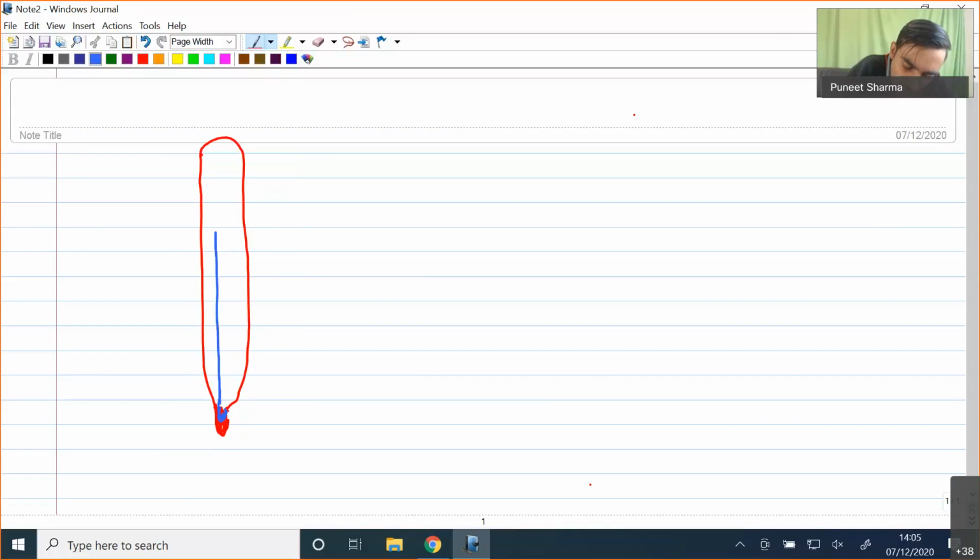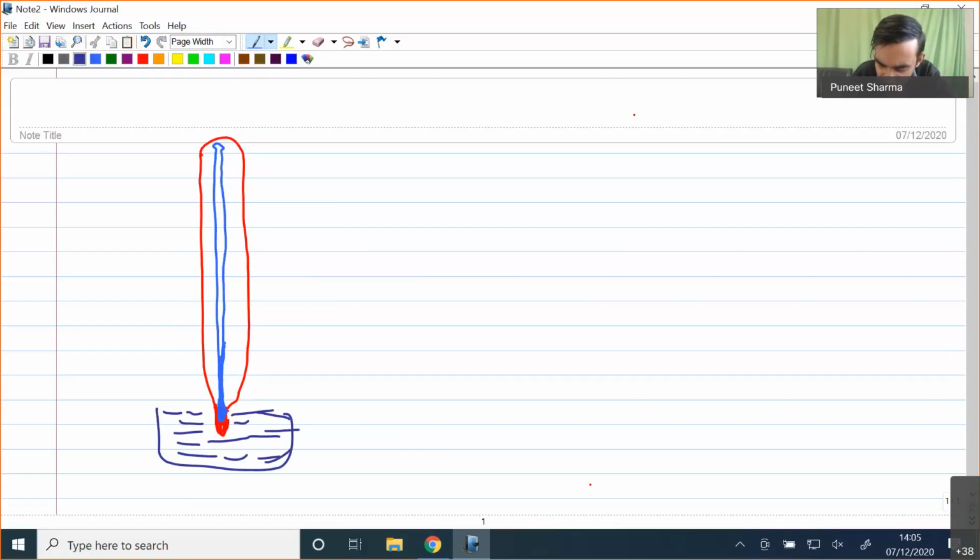That tube is nothing but our capillary. We take a certain mercury level, mainly contained inside this bulb. Depending upon the temperature, we place the medium for which we want to measure the temperature over here.